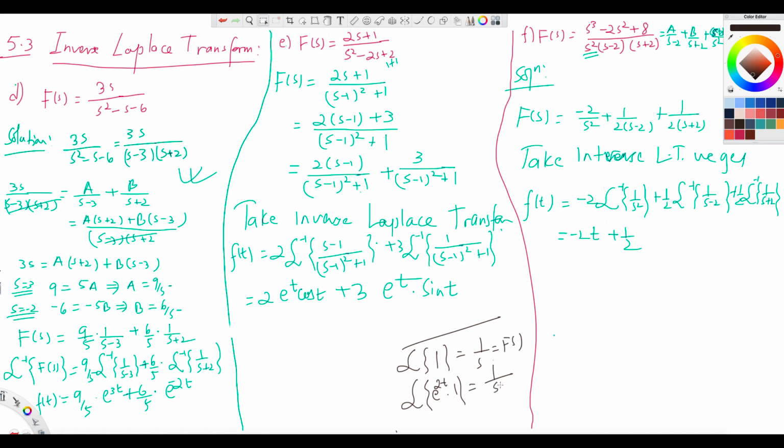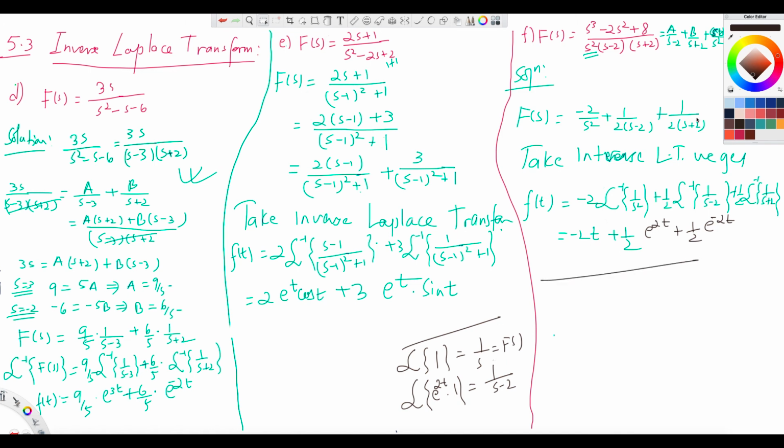So this will be e to the 2t. That's what you will get, e to the 2t, plus in a similar way you will get e to the negative 2t for the third inverse Laplace transform. Okay, so this is how you take the inverse Laplace transform of a function.